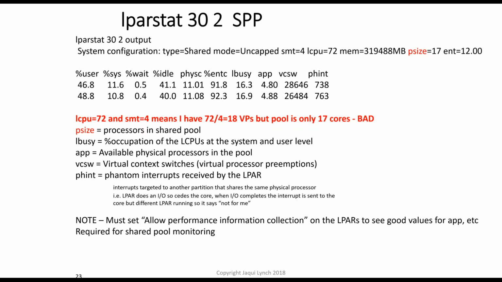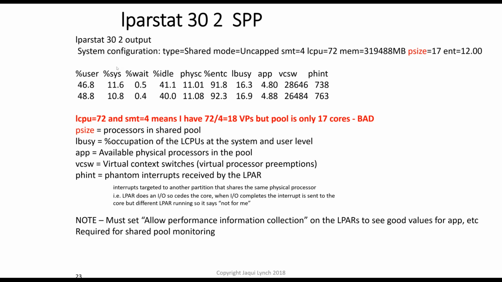So it says not for me, and that's a phantom interrupt because it's an interrupt that comes in to an LPAR that the interrupt is not for. So, you know, don't panic over those unless you start to see them changing dramatically, at which point you're probably going to see much higher virtual context switches because it means that things are getting bumped off the cores a lot. And then this phys-C is your physical cores consumed, and here's your percentage of entitlement.